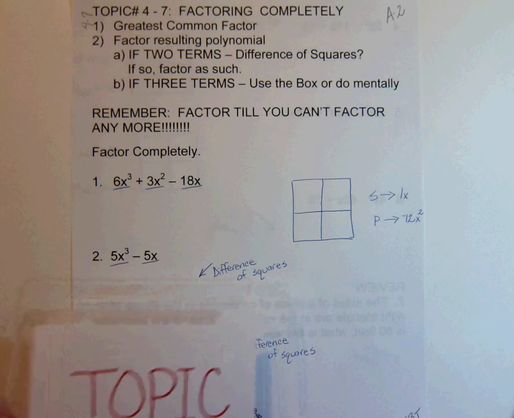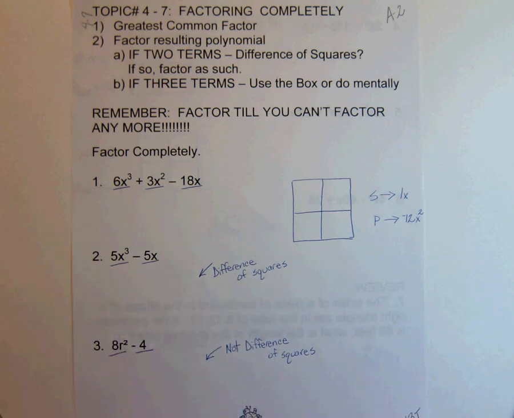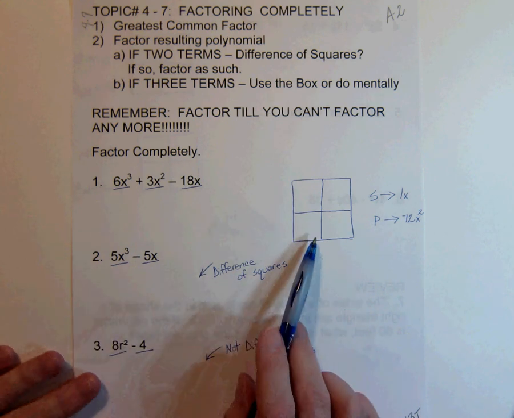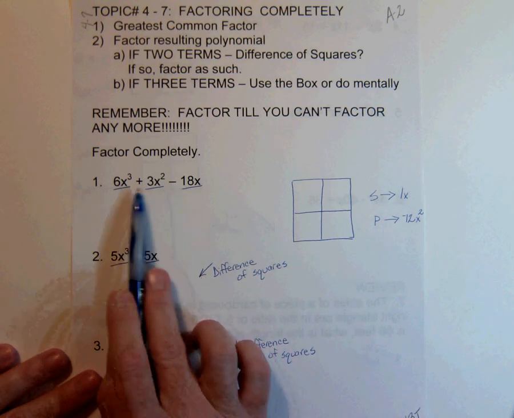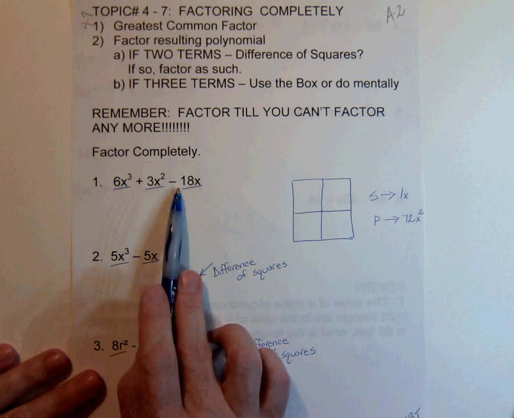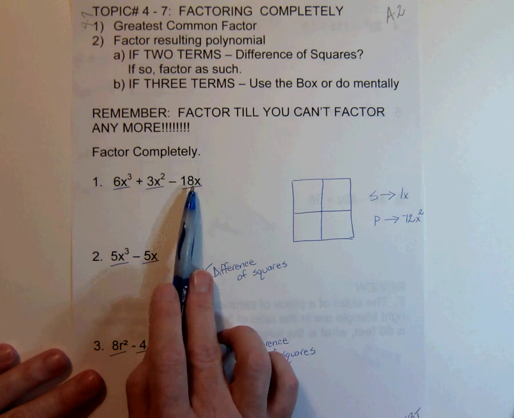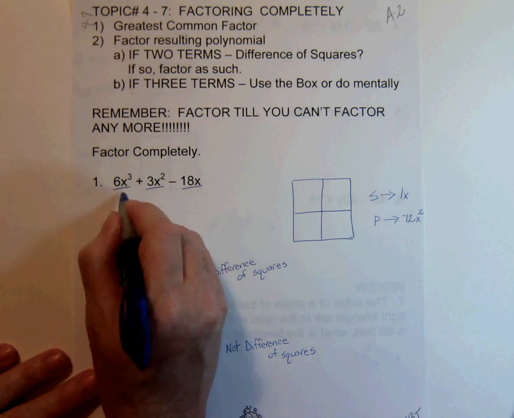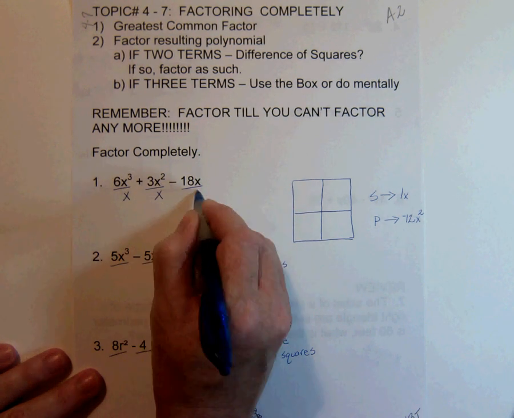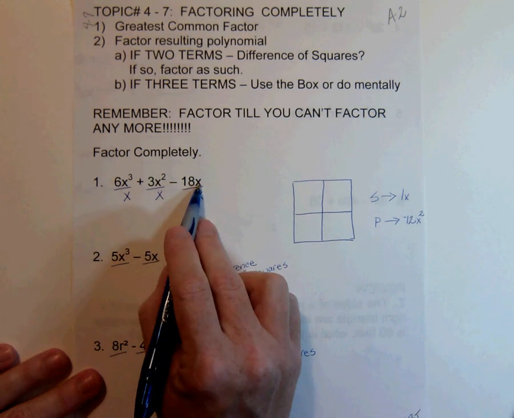Okay, so look at this one. I've gone ahead and written the box out because we're going to end up using a trinomial to factor. But first, you're going to look at what is common between every term in this polynomial. You would find that to be an x, because there's an x everywhere, and it's always the smallest number of variables there are.